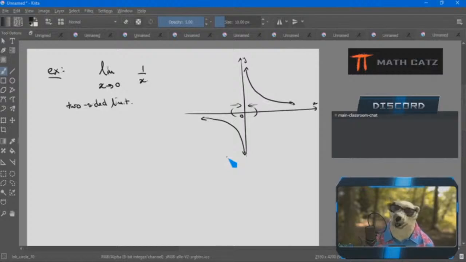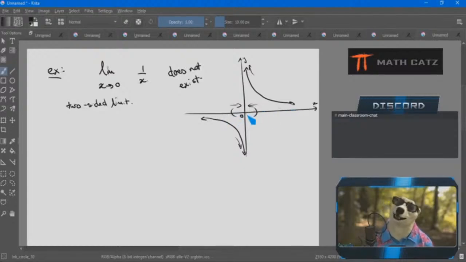No problem at all. I can explore and investigate the behavior. And the behavior says I am blowing up in terms of the size of my y value. Doesn't exist. And I can't really say an infinity because the behavior on either side is different.